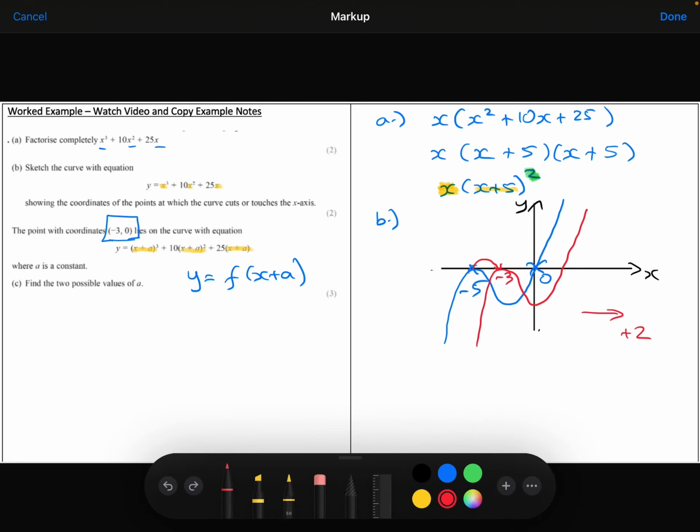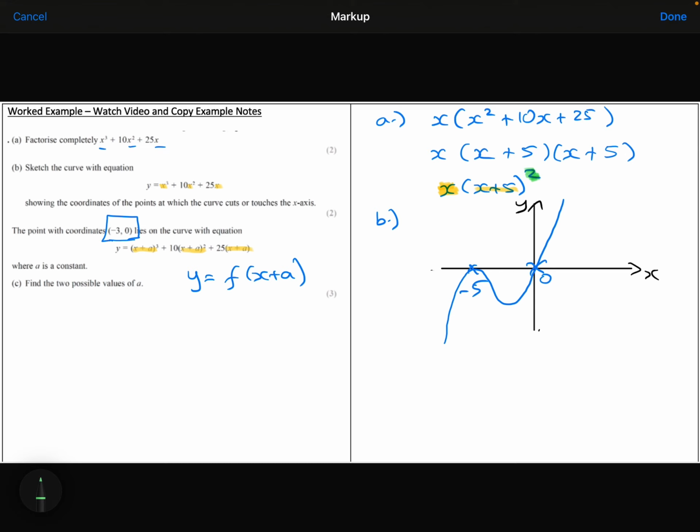Alternatively, it might not have been the minus 5 point that moved to be at minus 3, it could have been the 0. And the graph is actually now doing this shape, where this point here would be minus 8.